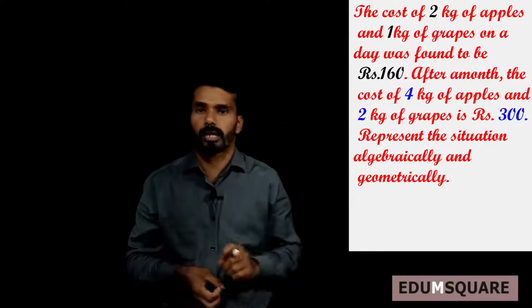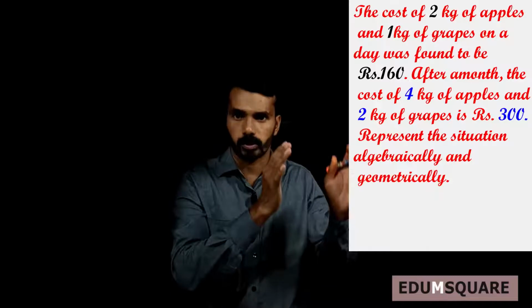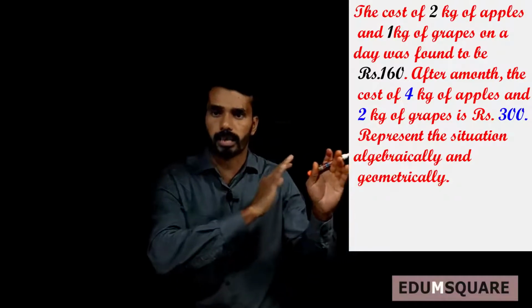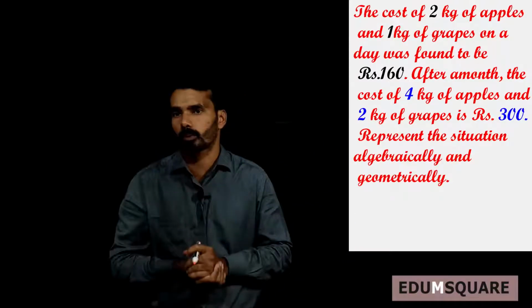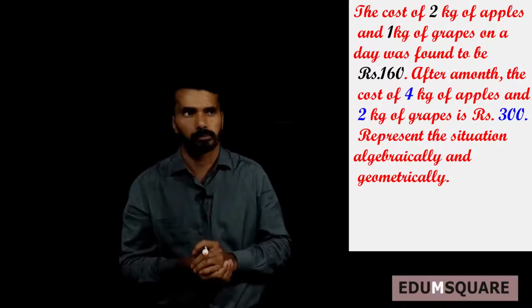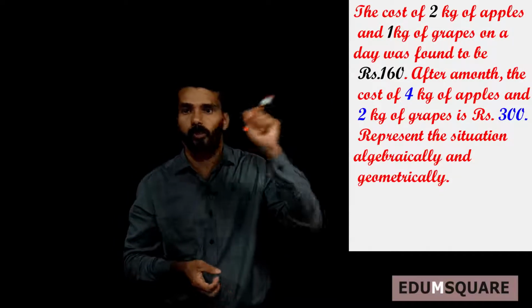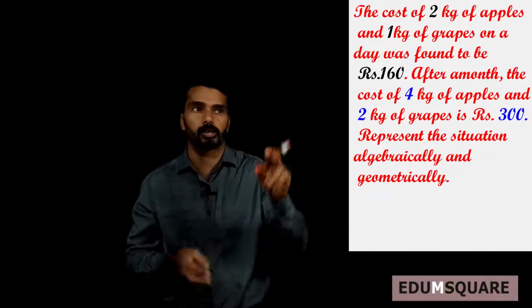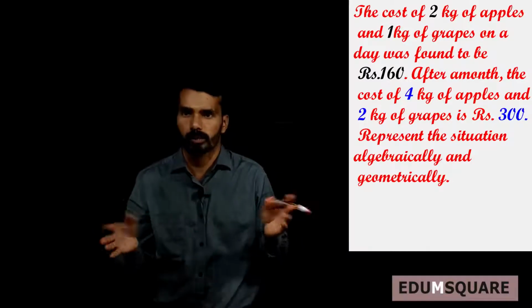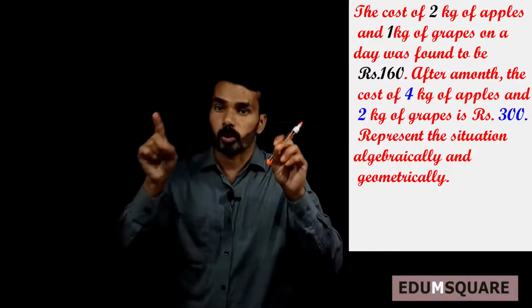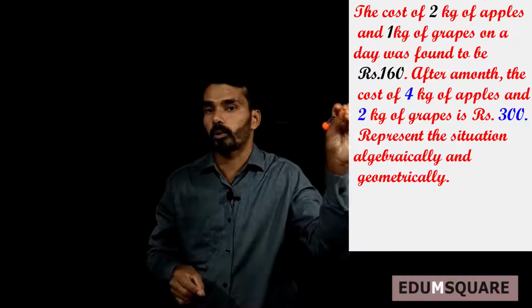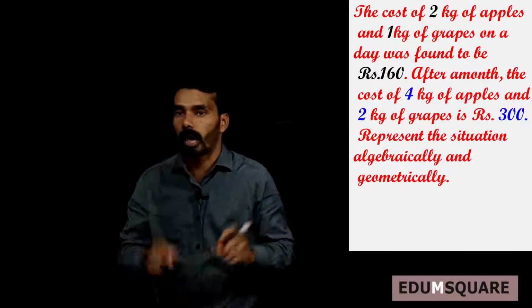First we have to read the question carefully and analyze it. What is the question there? The cost of 2 kg of apples and 1 kg of grapes on a day was... Here the cost of 1 kg of both apples and grapes is not given.